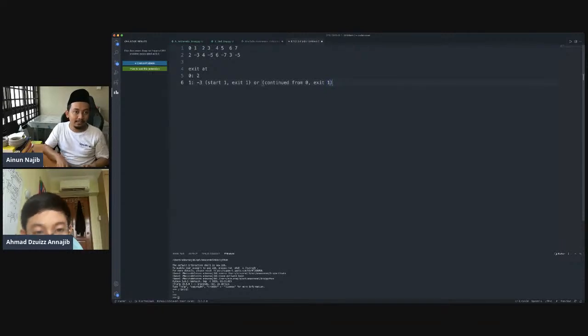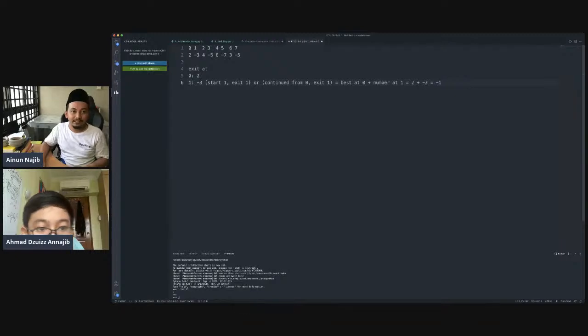Which means what? If I continued from 0 and exit 1, it is equal to the best at 0 plus the number at 1, so 2 plus minus 3, which is minus 1.